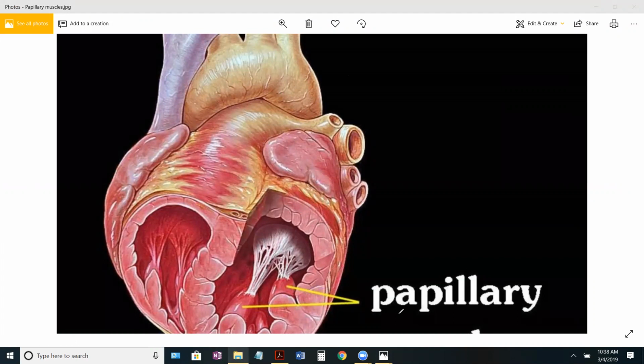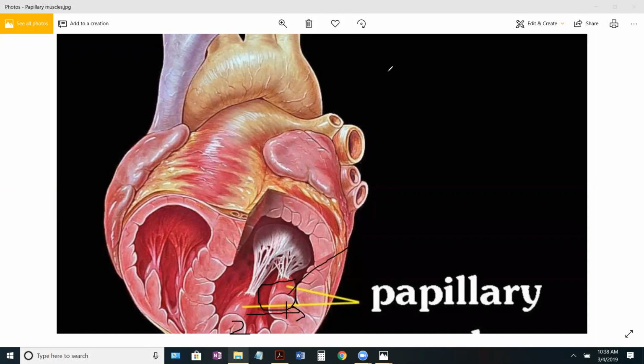We have basically two papillary muscles in our left heart. You can clearly see the two. Let me label this number two and this number one. Number one is anterior, in front of number two, and also a little bit on the lateral side.